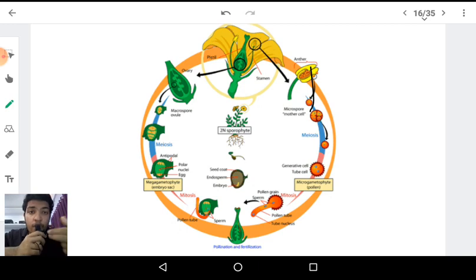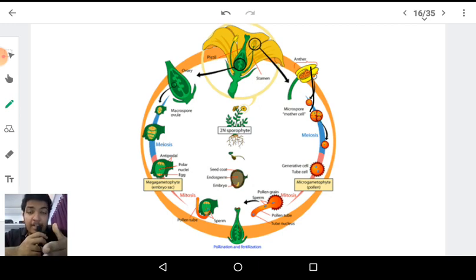The product of triple fusion is the primary endosperm nucleus, which later gets converted into an endosperm, a nutritive tissue required for the growth of the embryo. The zygote gets converted into an embryo, and this embryo gets nutrition from the endosperm and develops into a seed and then into a fruit. The ovary is converted into a fruit, and the ovule is later converted into a seed. So this is the process of reproduction in plants.